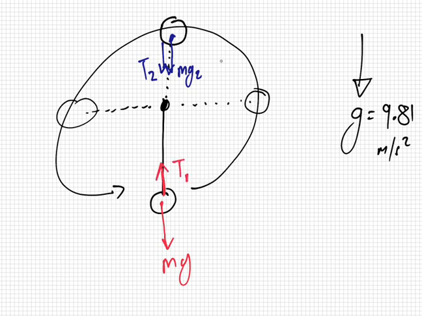T1, because the mg will make it smaller, but in total it still goes towards the center. Now, is the total force here and the total force here the same or different? Same, because when it's moving in a circle, it's the same force to the center.